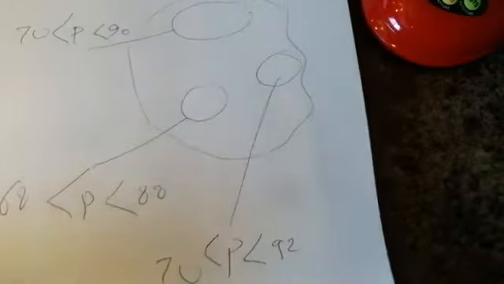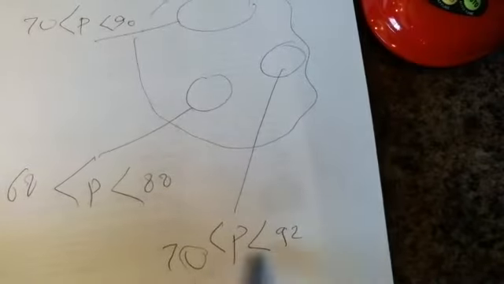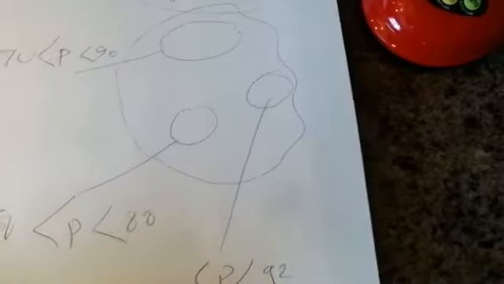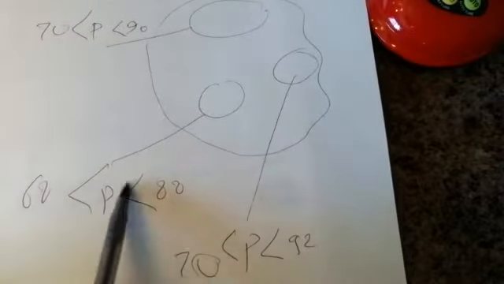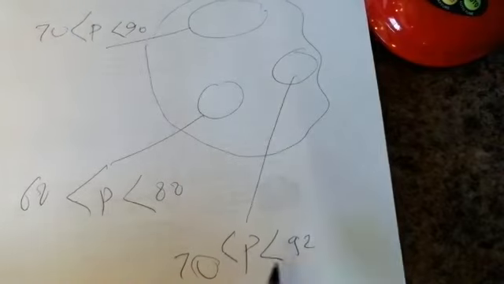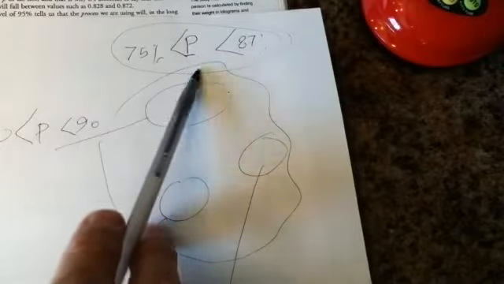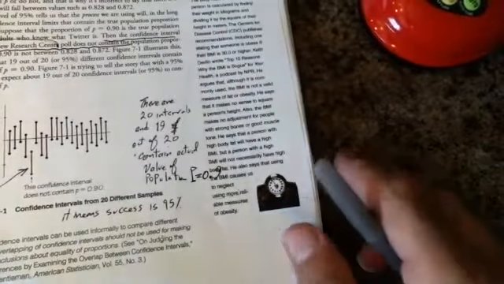We come up with several estimates or ranges. What we're saying is that 95% of these intervals do contain, or are close to, the actual proportion of the population. All right. So that's what they have here in these examples.